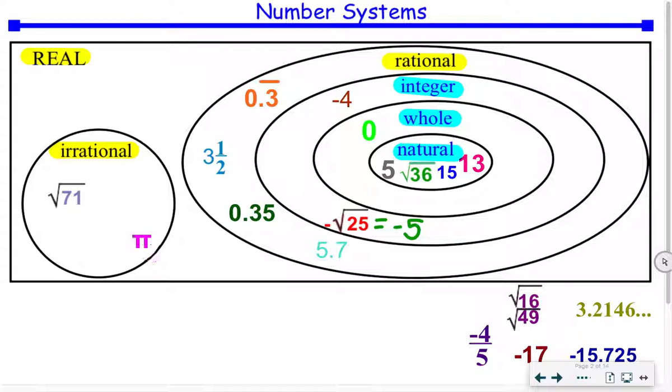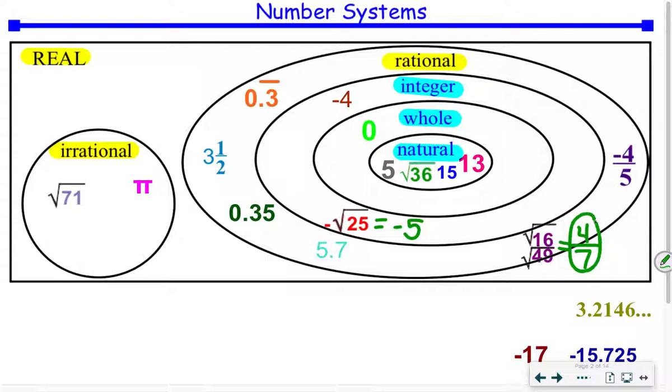Pi is our most common irrational. -4/5 is a fraction. Fractions are rational. Square root of 16 over the square root of 49. Well, that's rational because square root of 16 is 4. The square root of 49 is 7. So 4/7 is a fraction, therefore rational. -17 is an integer.